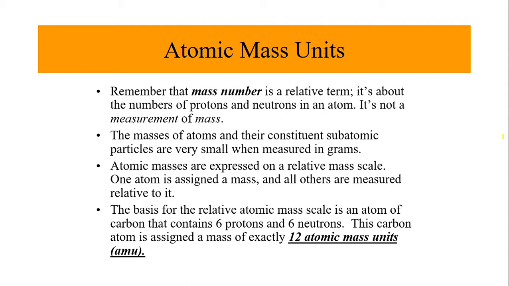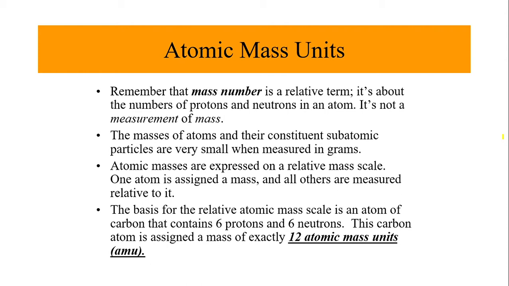We're going to say that 1/12 of the mass of one carbon-12 atom is going to be a unit of mass in this system. These are called atomic masses. It's a relative scale where an atom is assigned a mass and then all others are measured relative to it.